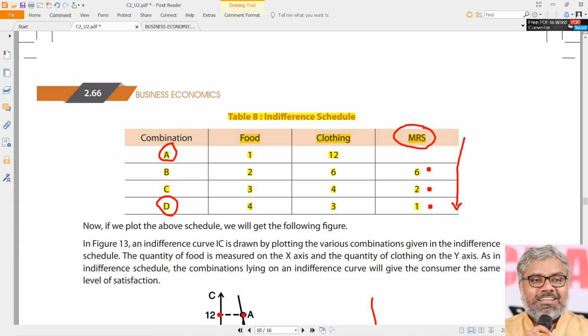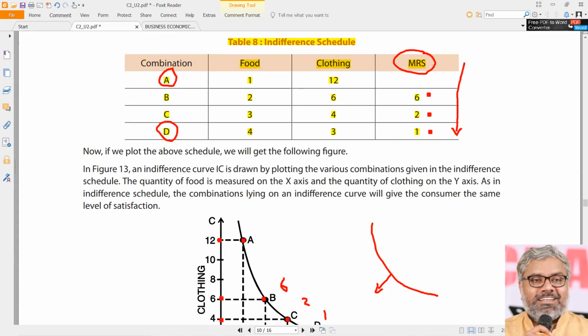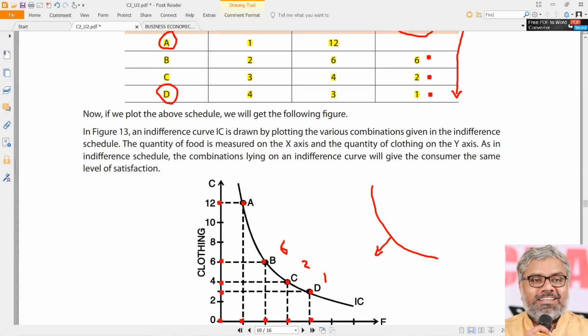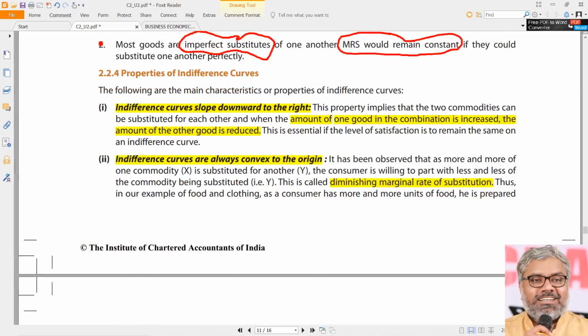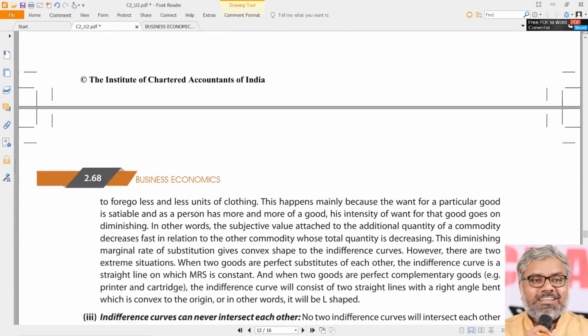So what is happening to the marginal rate of substitution? It is diminishing very clearly. Because of this, the indifference curves are convex to the origin. We can observe that in a more practical way also.